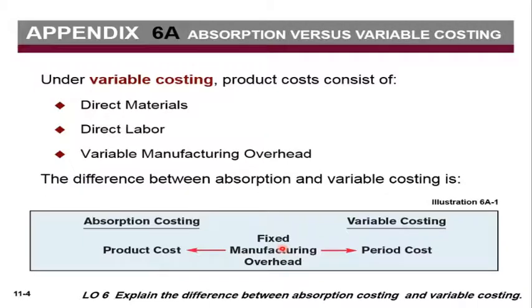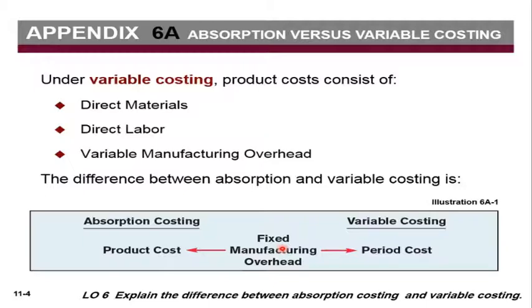If we don't consider a cost as product or inventoriable cost, we consider it as period cost. We have product and period cost, inventoriable and non-inventoriable, as we said in Chapter 2, cost terms.